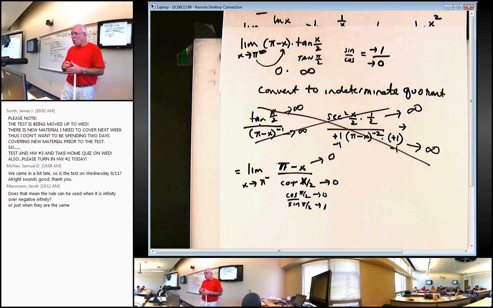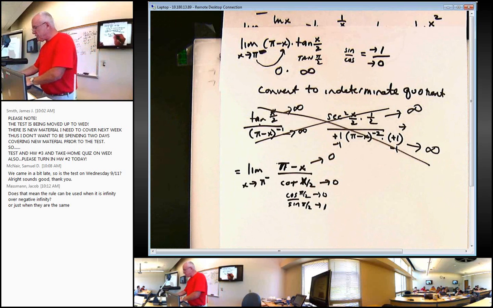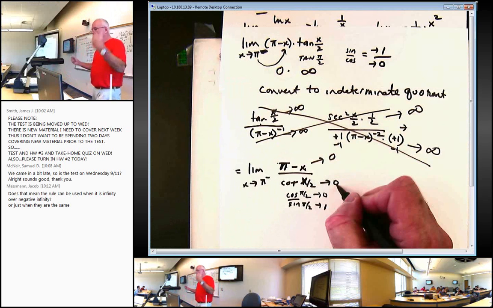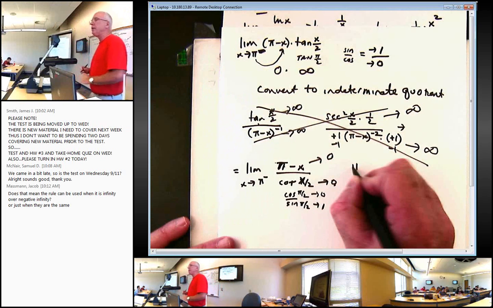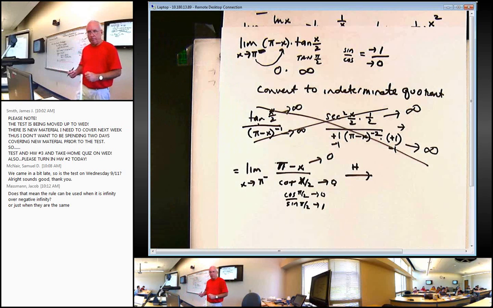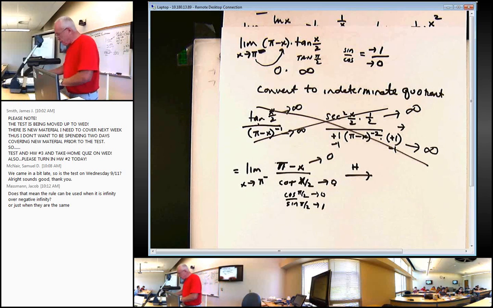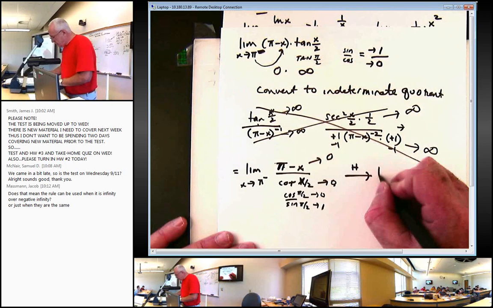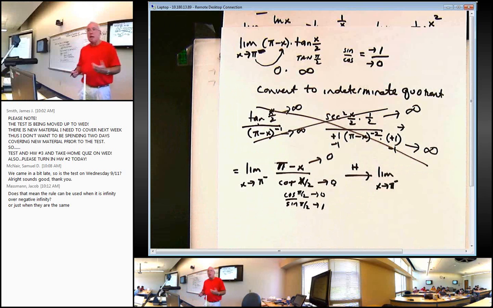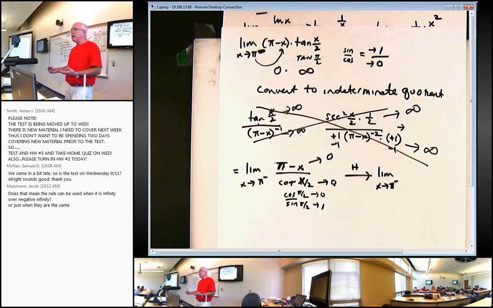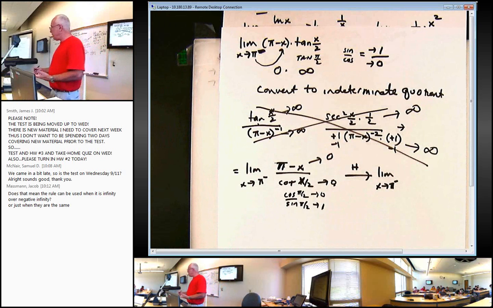All right, so again, we have a 0 limit on top and a 0 limit on the bottom, so we can use L'Hopital's rule. Let me put a capital H there to say we're going to use the rule. So let's take the derivative of the top and the derivative of the bottom. The derivative of the top is easy. The derivative of pi minus x is negative 1.